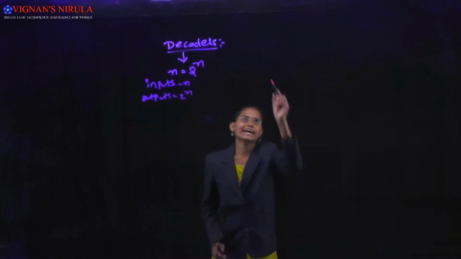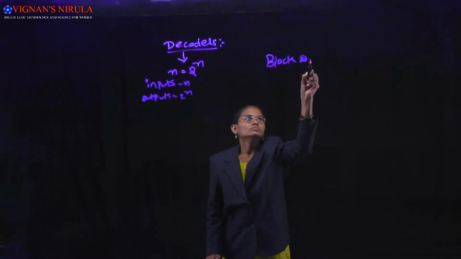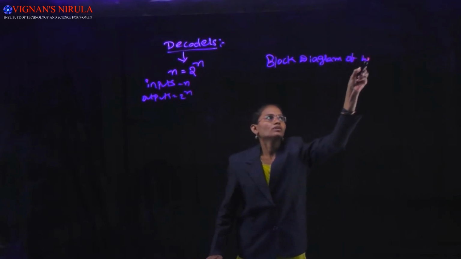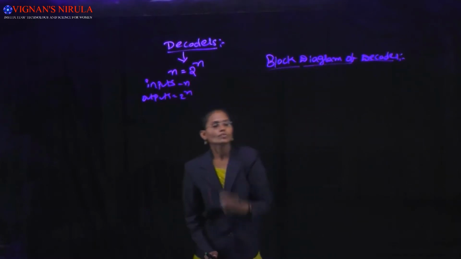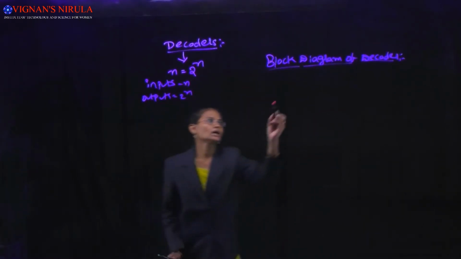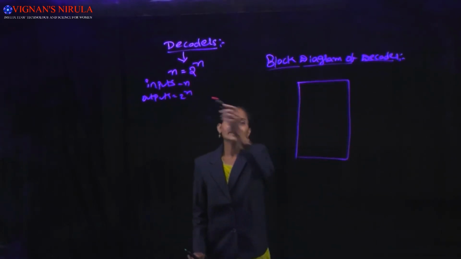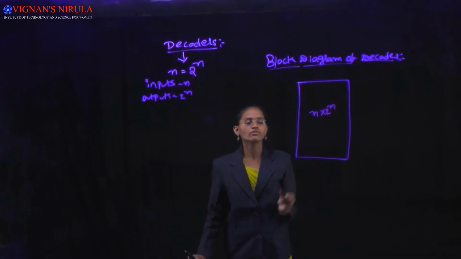Coming to the block diagram of decoder. In a decoder, we are using n number of inputs and it produces 2 power of n number of outputs.